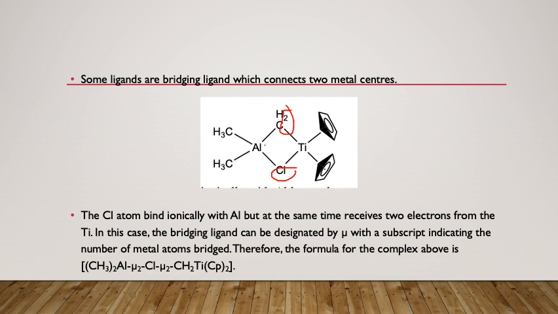The mu is used to indicate the number of metal atoms bridged. Here the chloro is attached to 2, which are aluminium and titanium. So aluminium, mu2-chloro, mu2-CH2, then titanium with 2 cyclopentadienyl ligands.